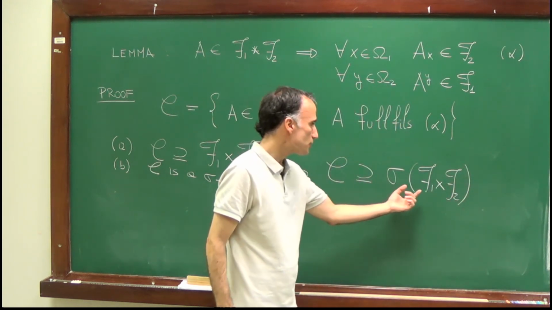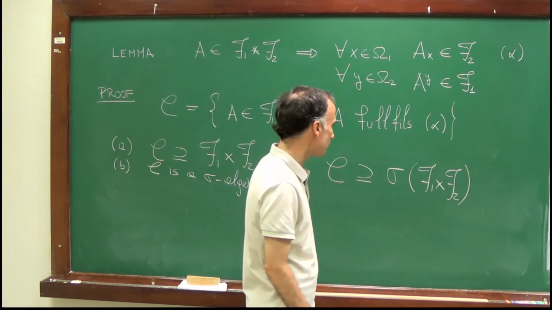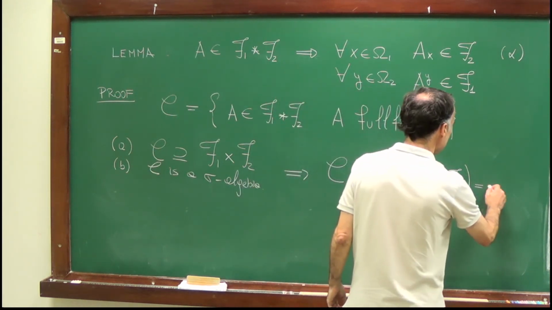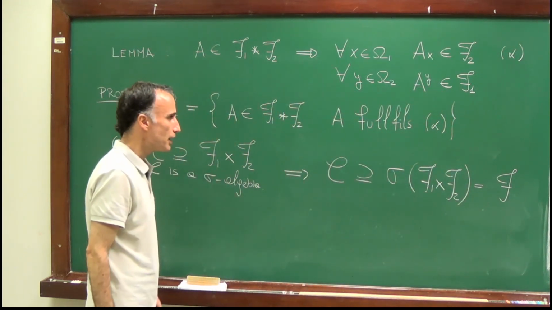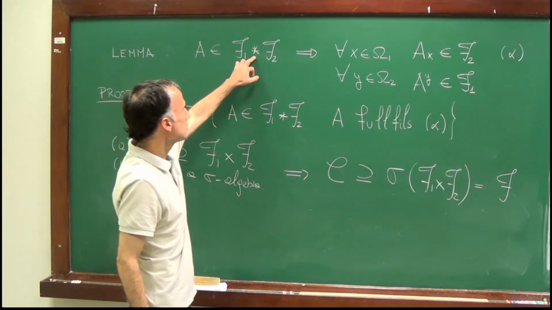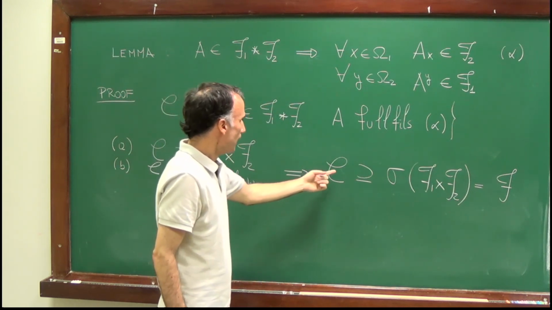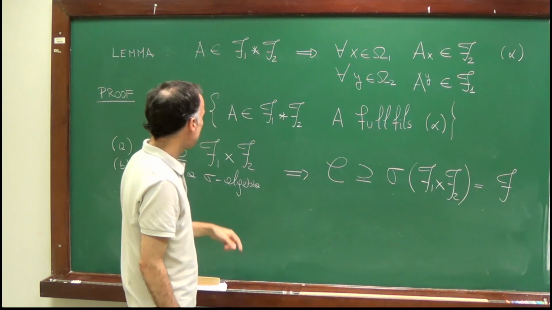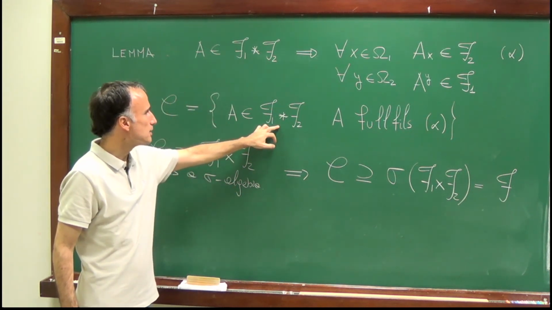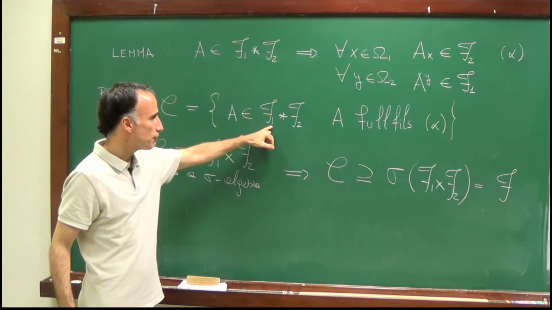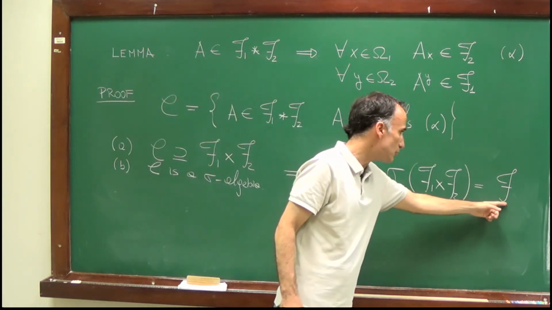Because the sigma algebra generated by the rectangles is the smallest sigma algebra which contains the rectangles, and this is exactly our product sigma algebra, which I'm representing by F or by F1 star F2. This means, of course, that the way in which I defined C, it is also contained in F1 star F2, therefore C is in fact equal to F.